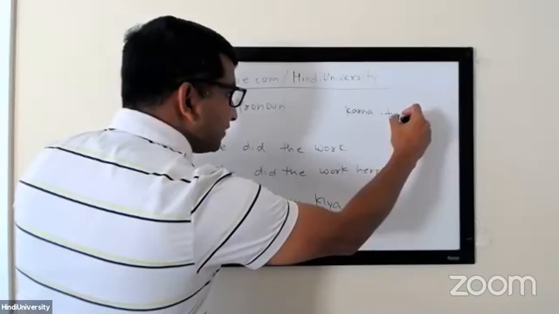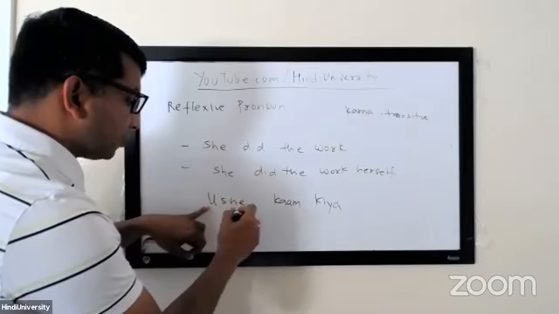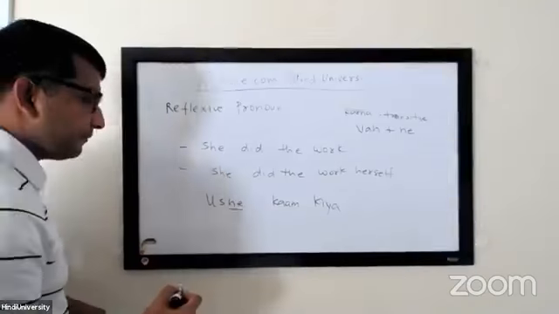Karna is a transitive verb, so that is why वह becomes उसने, and then the काम is the काम. Karna becomes kiya in the transitive. Okay, very good.